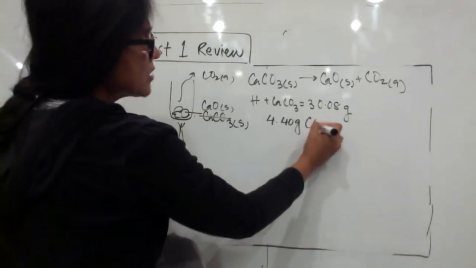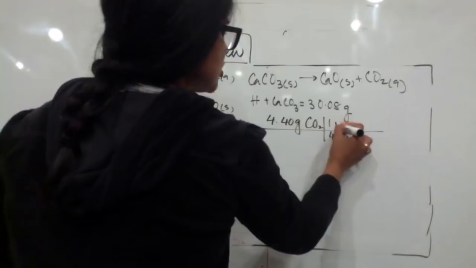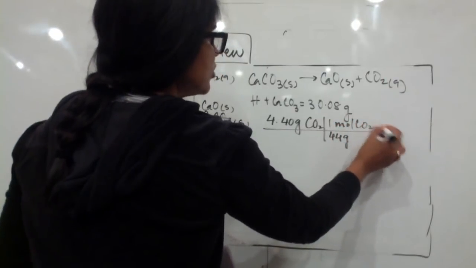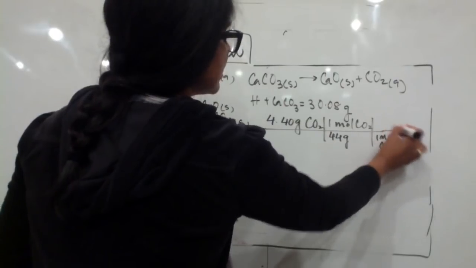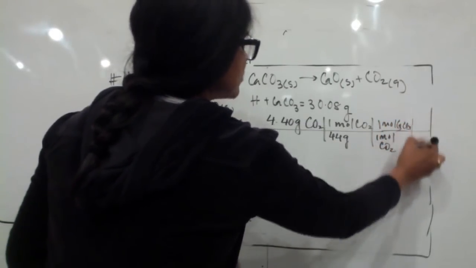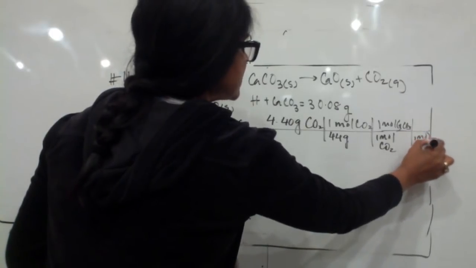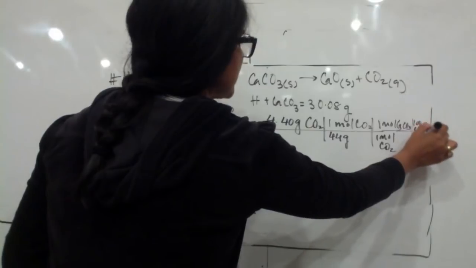So this is the mass of carbon dioxide. If you divide it by 44 grams, you get moles of CO2. And 1 mole of CO2 is 1 mole of CaCO3, and 1 mole of CaCO3 is 100 grams of CaCO3.